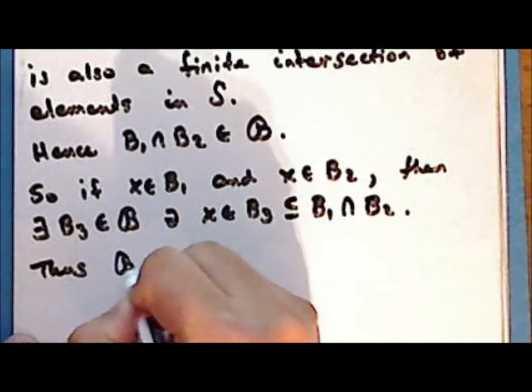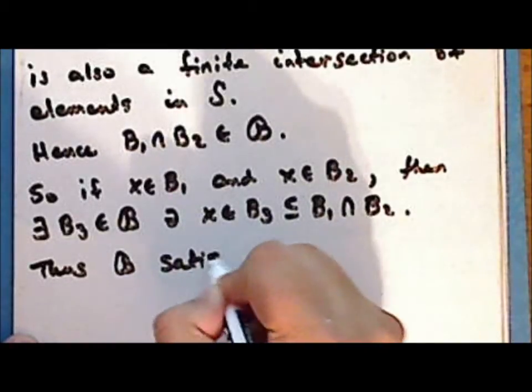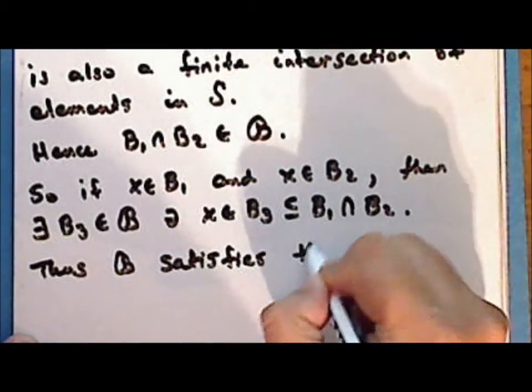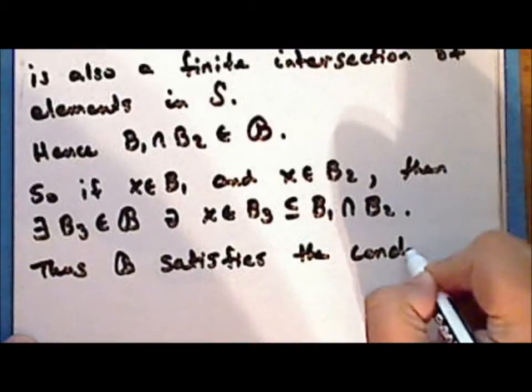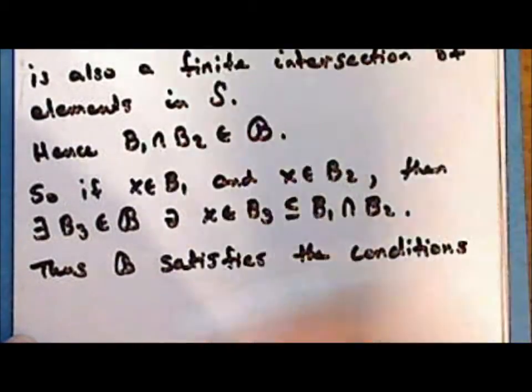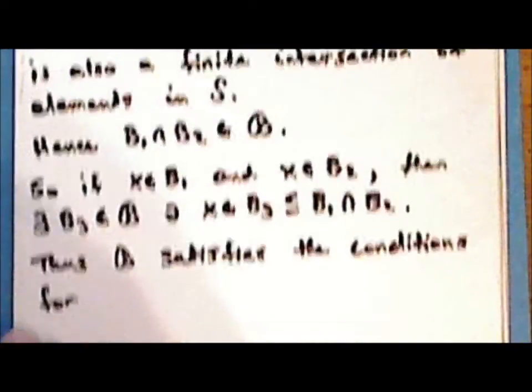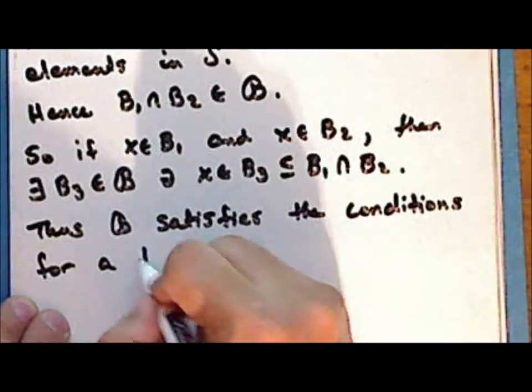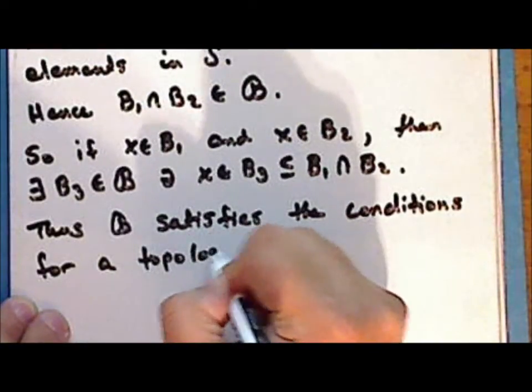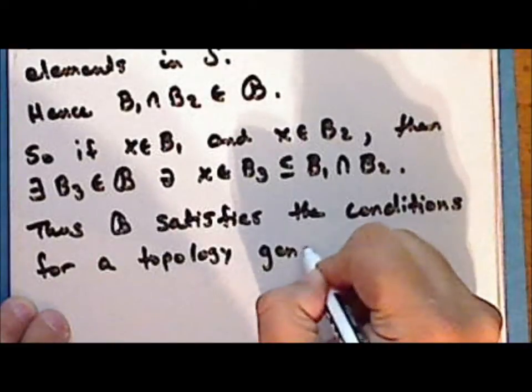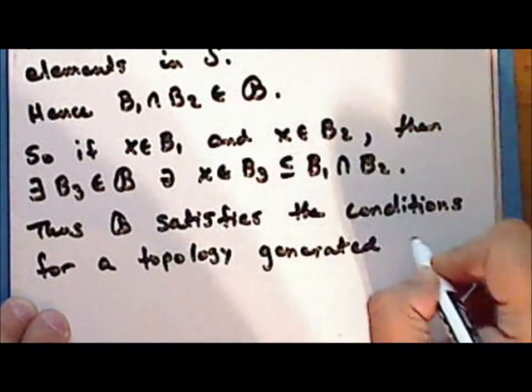And thus the collection script B satisfies the conditions for a topology generated by a basis.